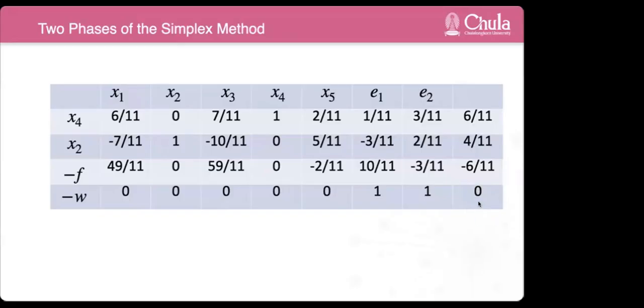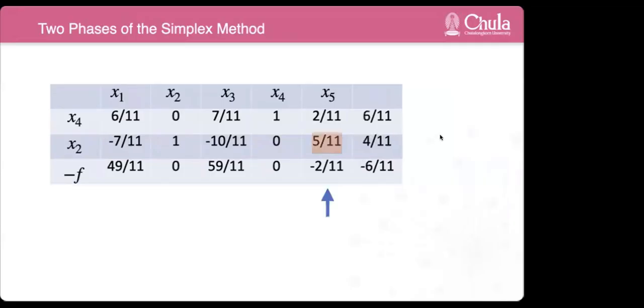That means we can move to the second phase, and we don't care about E1, E2 anymore. We can remove this row, this column, and this column.